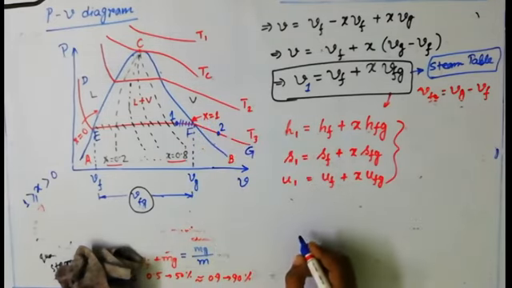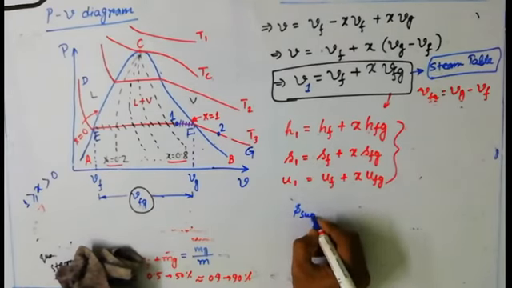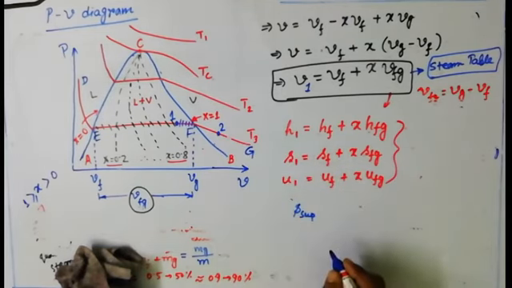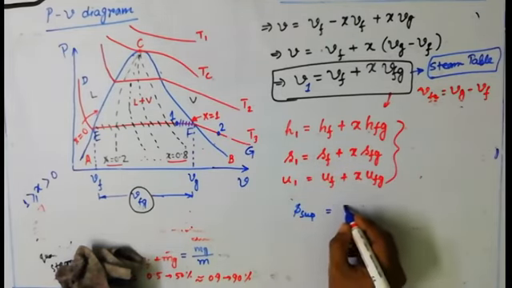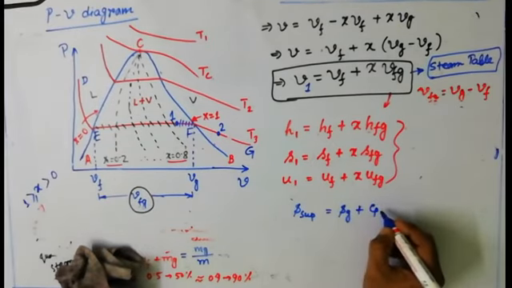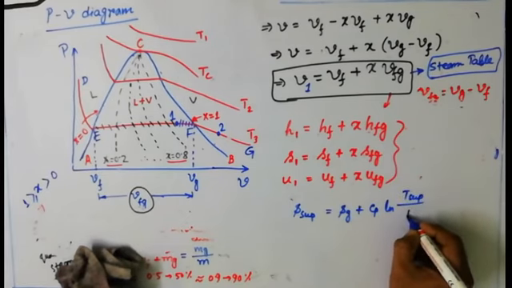So it is written like this, s sup, because entropy at the superheated region, like the example of point 2, can be written in this particular manner: sg plus Cp into ln(T sup by T sat).